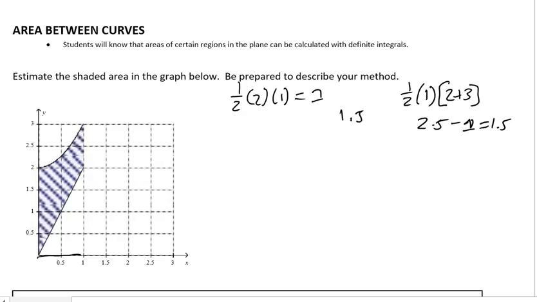But if I told you that this top function here is y equals x squared plus 2, and this bottom function is y equals 2x, and we can see that it also has a right bound at x equals 1, and on the left it's at x equals 0.